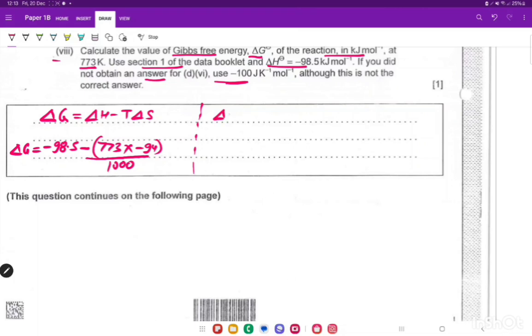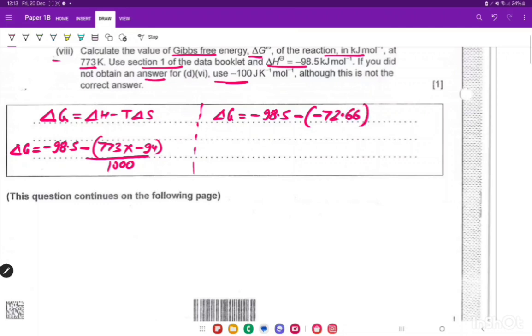It comes out to be delta G equals minus 98.5 minus 72.66. It will be a minus sign inside also, minus 72.66, minus 98.5 minus 72.66.